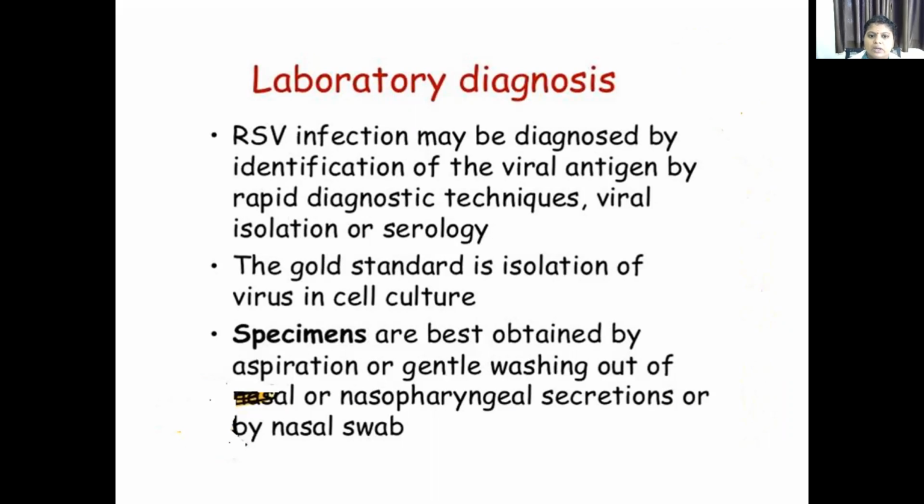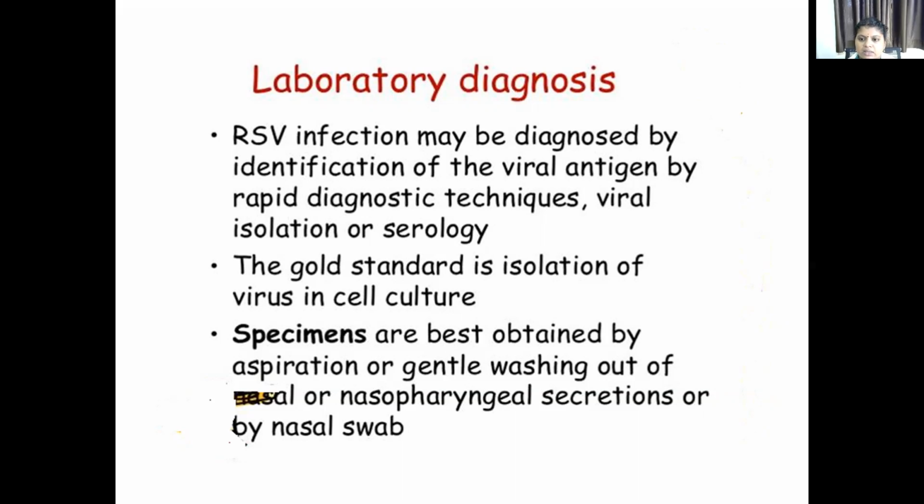If you see the laboratory diagnosis of this RSV, RSV antigen can be detected by using immunofluorescent microscopy or by rapid diagnostic tests, and viral isolation by using HeLa cells, monkey kidney cells, human amnion cells.